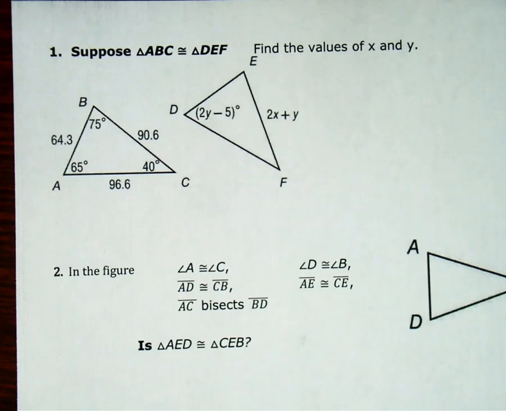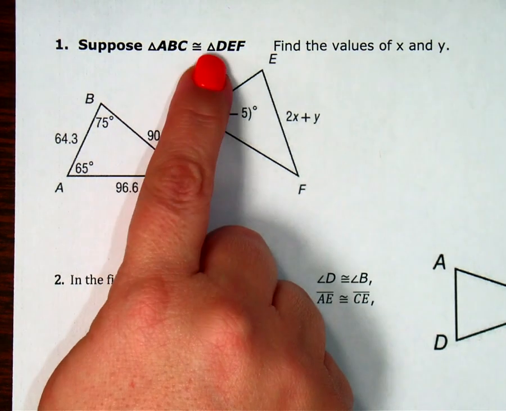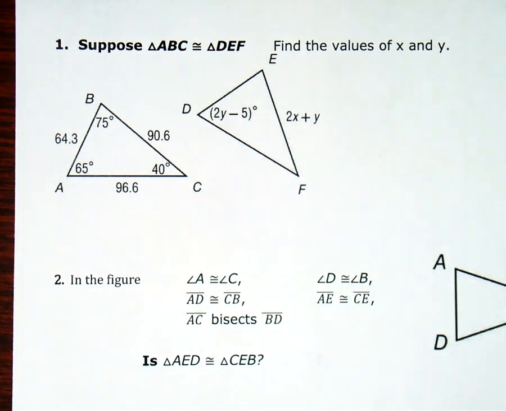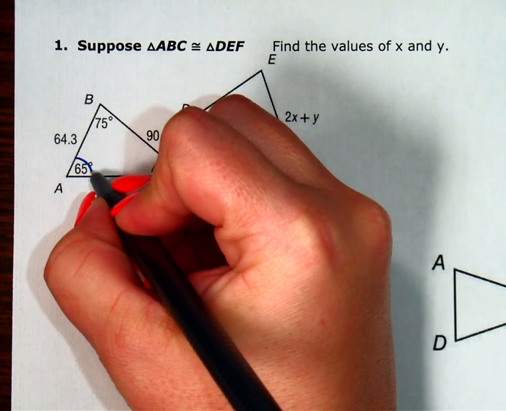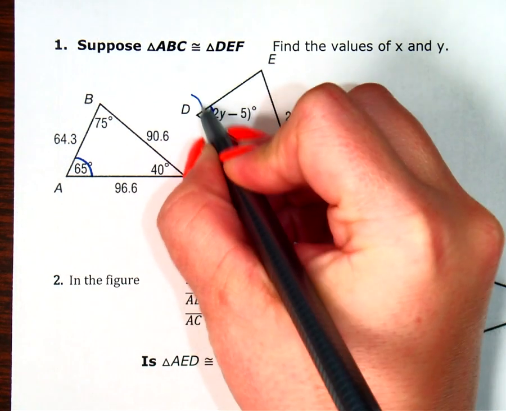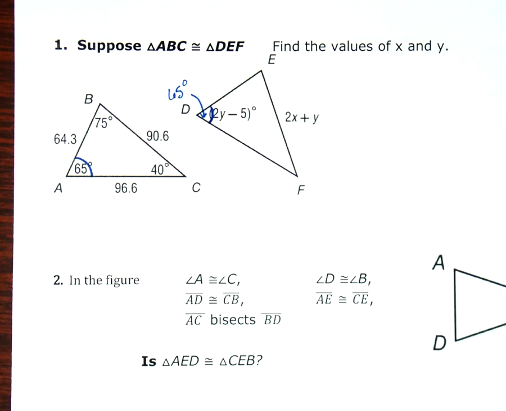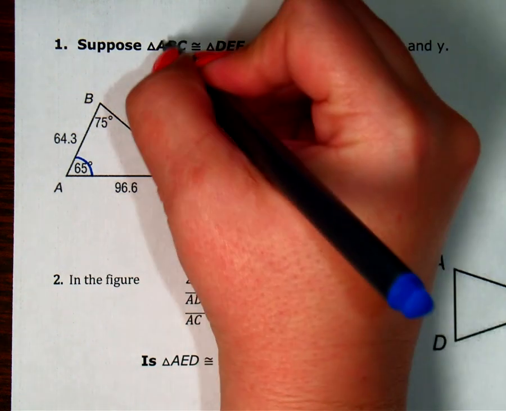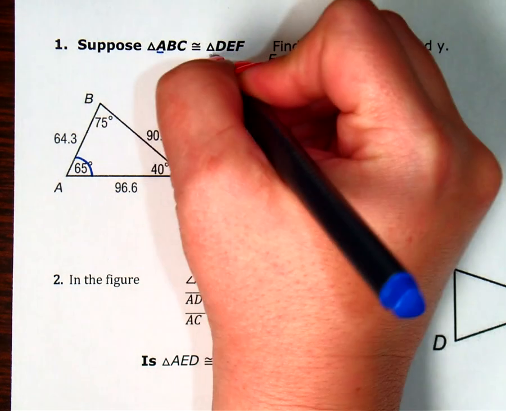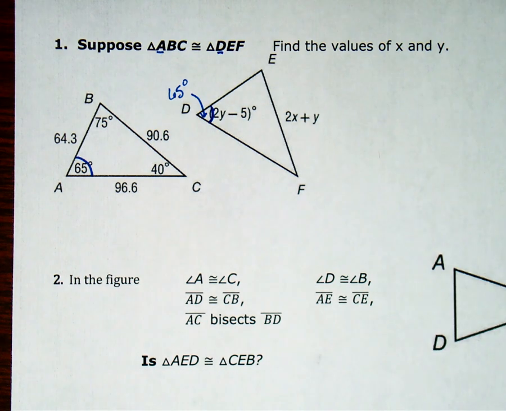So when I'm looking at this picture, I can look at the first letter there, A, and I know it matches with D. So I know this angle A is 65 degrees, which means this angle D is also 65 degrees, okay? Because angle A matches with angle D. Then I can do the same thing with my middle letters.